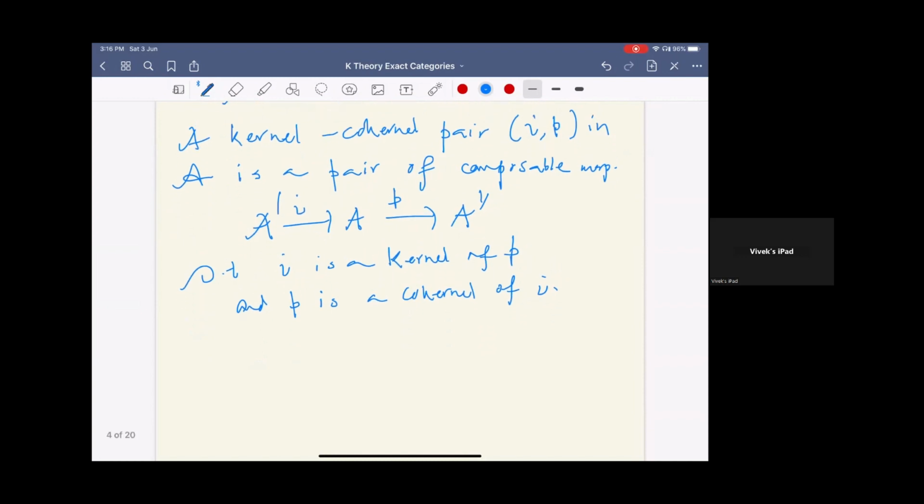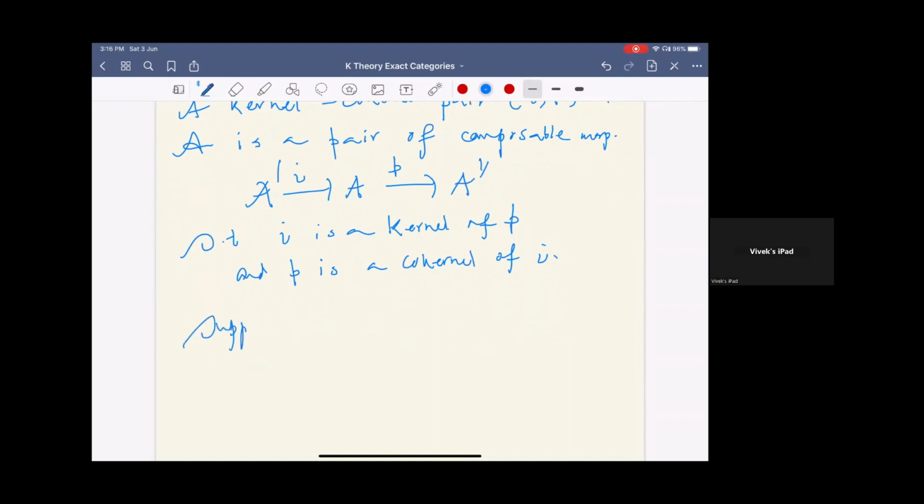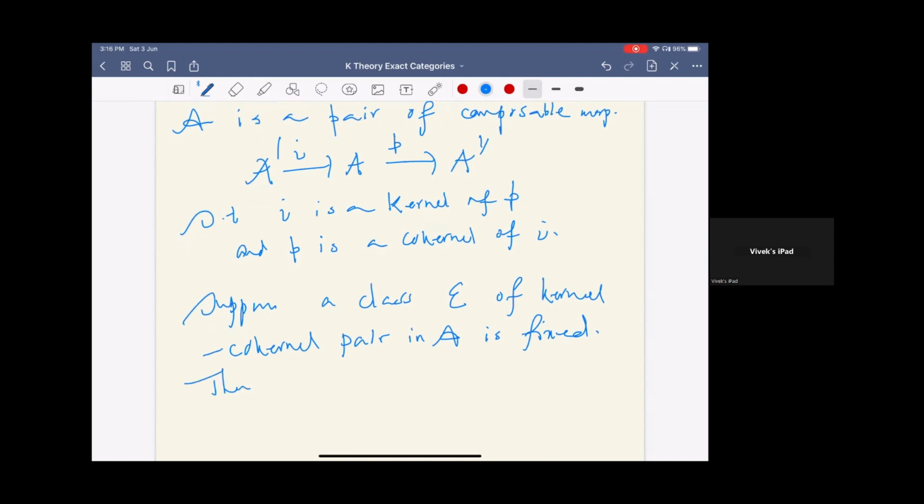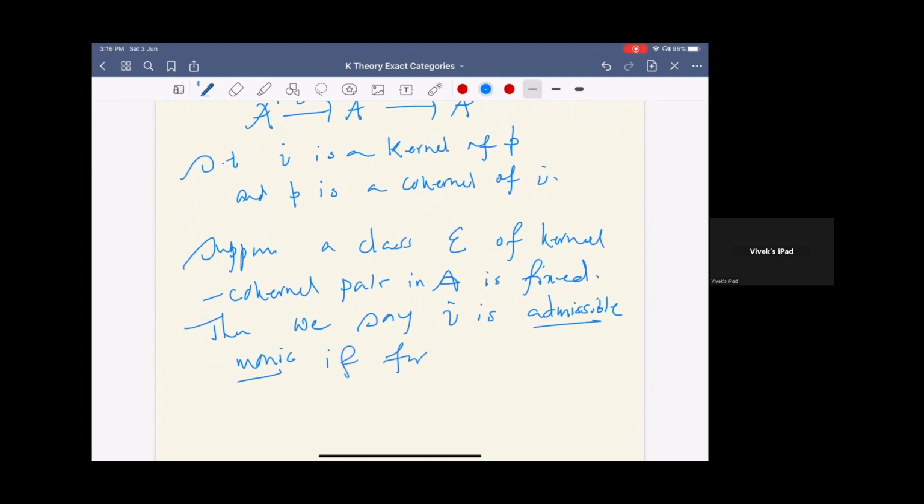All right. So suppose you fix a class of kernel-cokernel pairs in A. Suppose you consider all kernel-cokernel pairs in the additive category A. Then we say i is an admissible monic if there exists a p such that (i, p) belongs to this class.